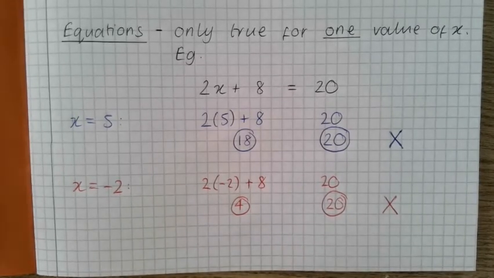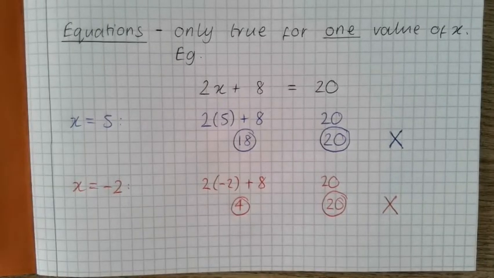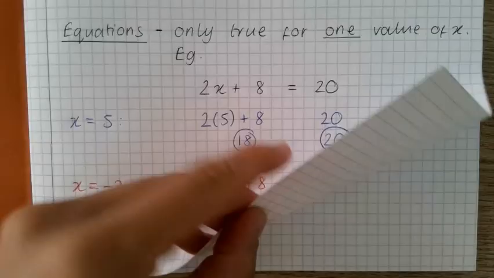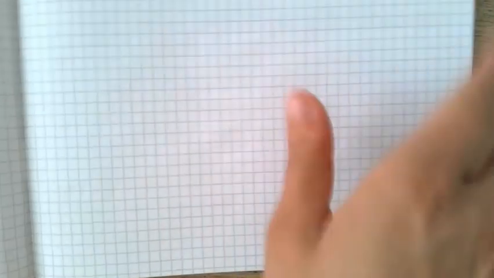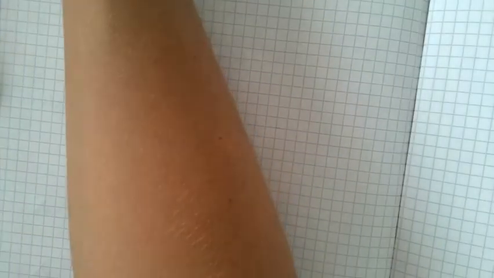There is one single number which satisfies this equation, okay? And today's lesson is all about finding that one special number that satisfies an equation. So, I'm going to need to turn over my page. Draw some margins just to make my work nice and neat.